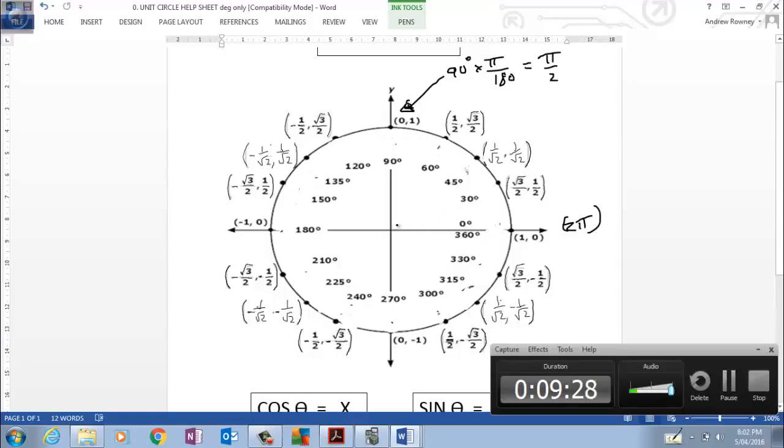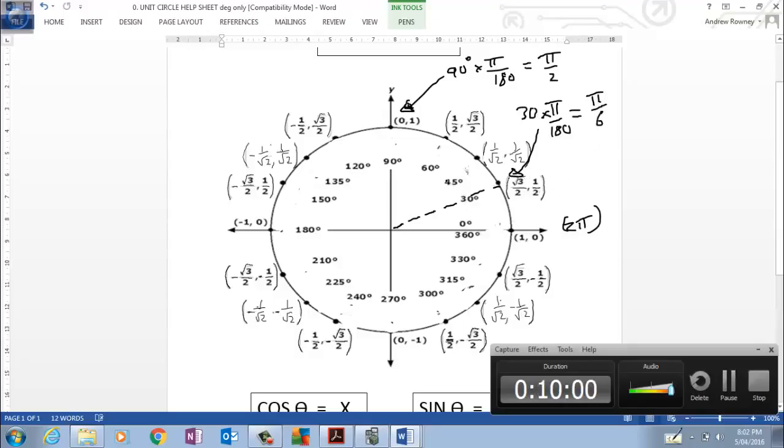Let's do, say, 30 degrees, this one here. That will be 30 times by pi on 180, and 30 goes into 180 6 times, so that is equivalent to pi on 6. 30 degrees is the same as pi on 6 radians.